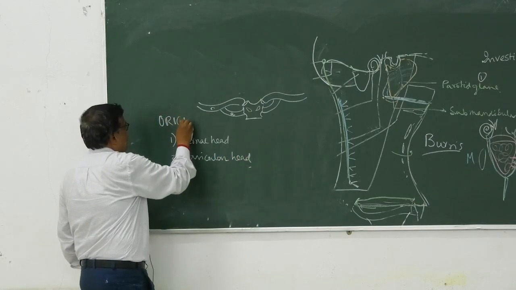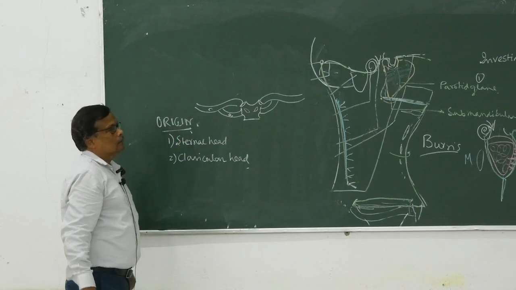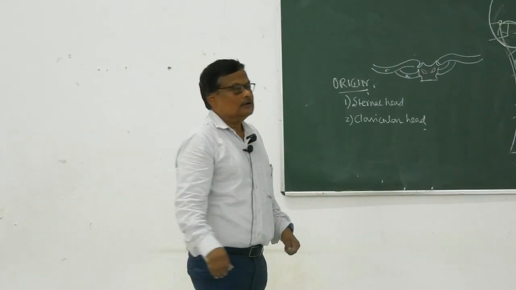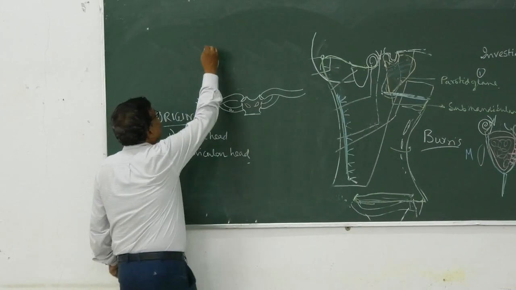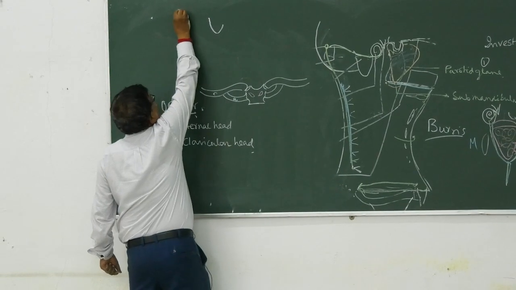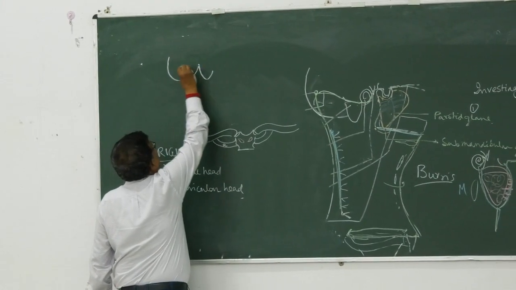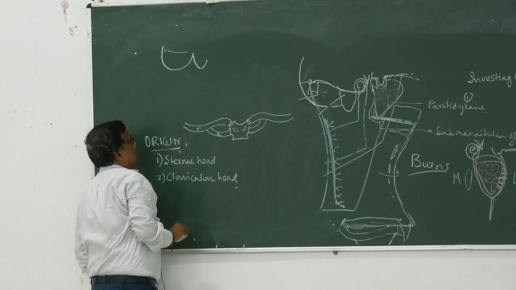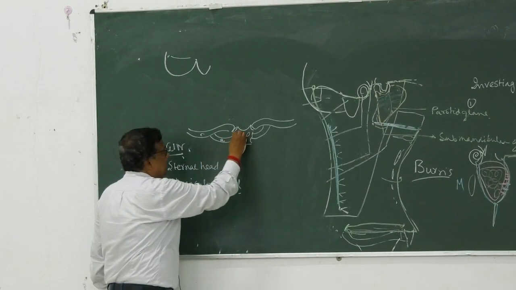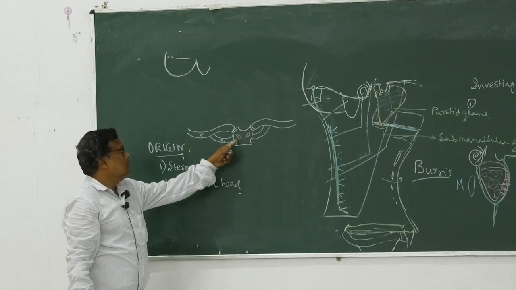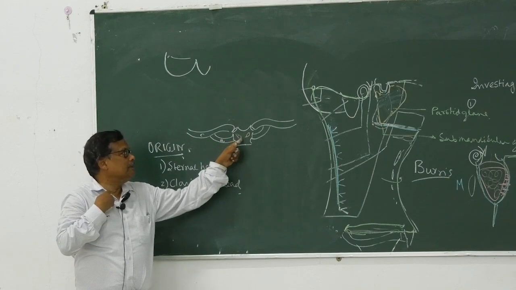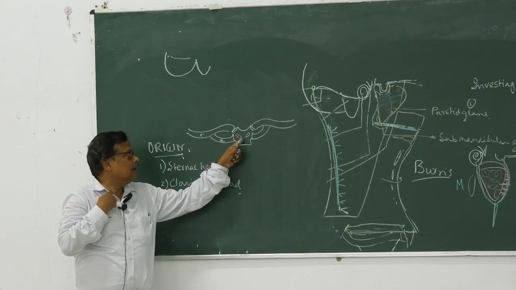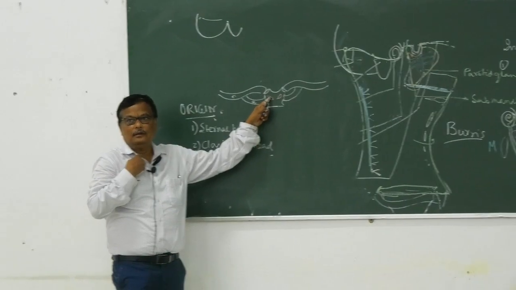Origin, কেন পড়াচ্ছি, এখান থেকে একটা ক্লিনিক্যাল অ্যানাটমির কোশ্চেন আসবে, তার জন্য। ইট টেকস অরিজিন, this is the sternal head, takes origin from the anterolateral aspect of the upper part of the manubrium, lateral part of the anterior aspect of the manubrium sterni.